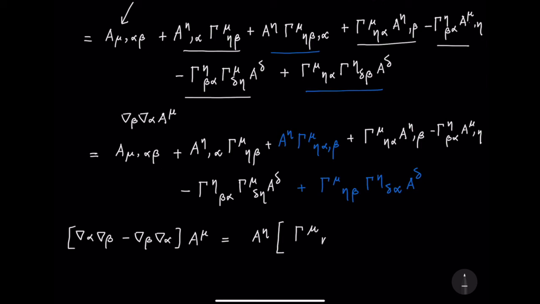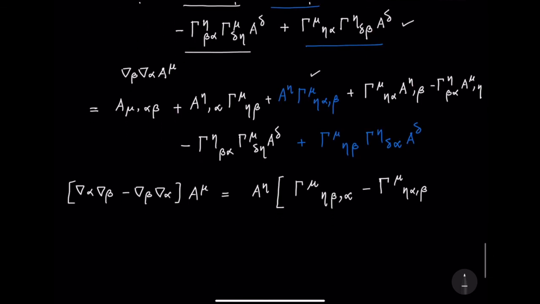So mu eta beta. See, eta is a dummy index at least here. Here also I can take A eta outside easily. But then when I write this, you see delta and eta are both dummy indices. I can interchange them.